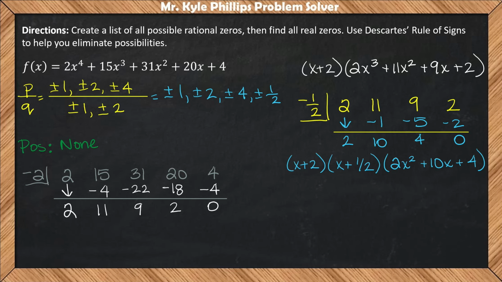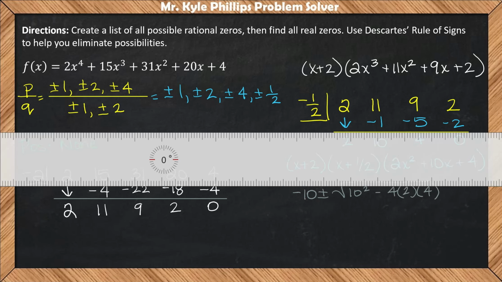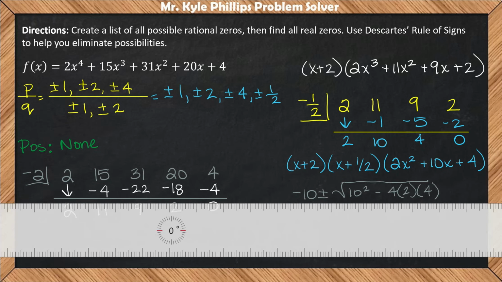So I'll go ahead and do that down here. That's going to be -b. We can keep these values the same, so we could say -10 plus or minus the square root of b squared, so that's 10 squared minus 4 times a times c, and this will all be over 2a.